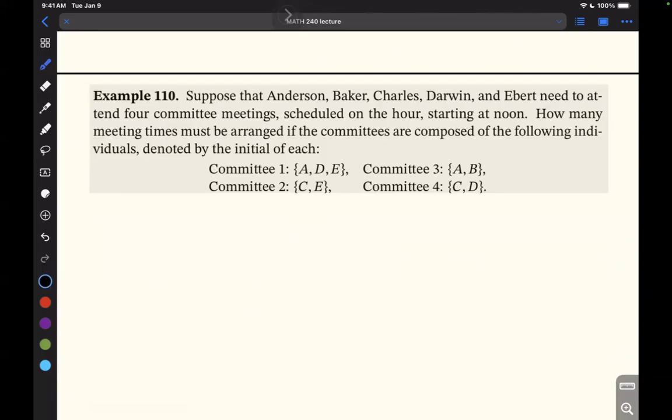So for example, committee 1 cannot meet at the same time as committee 3 because Anderson is in both committees. Similarly, Charles has to be in committee 2 and committee 4. And so those can't happen at the same time because Charles cannot be in 2 places at once.